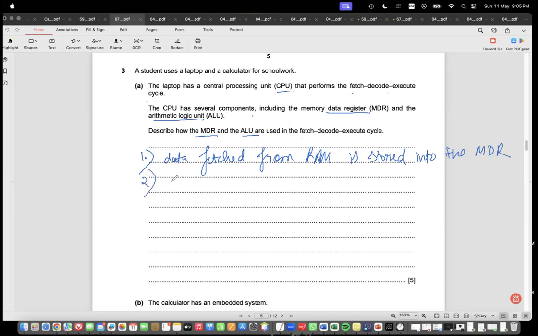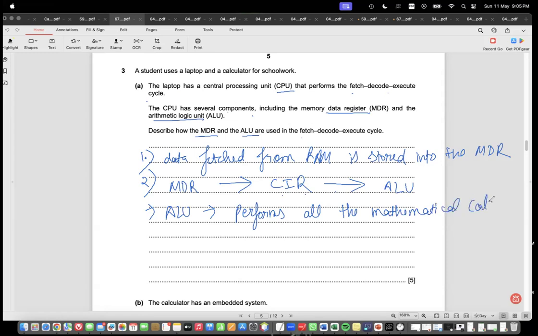Data from MDR will be sent to the CIR, current instruction register, and then it will go to the arithmetic logic unit. Then the ALU will perform all the mathematical and logical calculations.